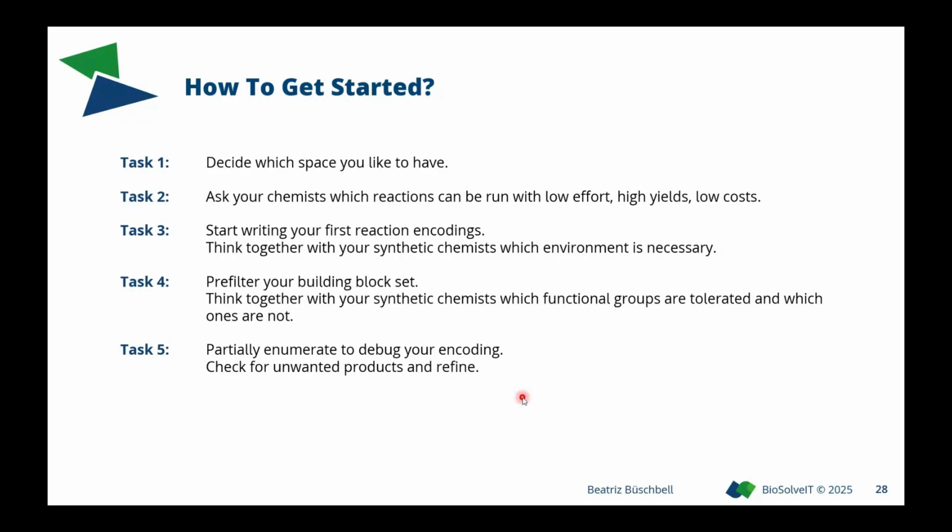And task 5, the last part, which is a repetitive task, is that you partially enumerate certain reactions within your space and debug your encoding. And also check for unwanted products, and then go into this refinement cycle until you are happy with the products that you get out of your space.